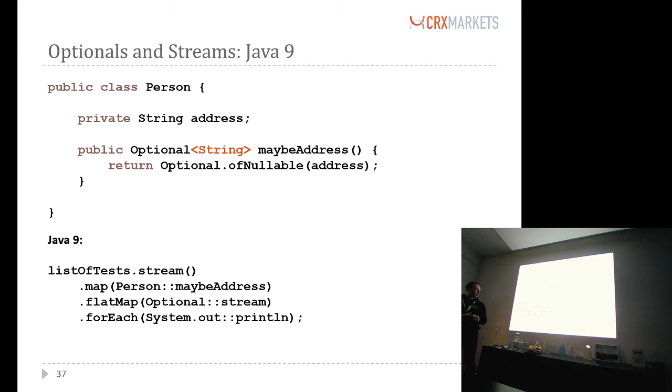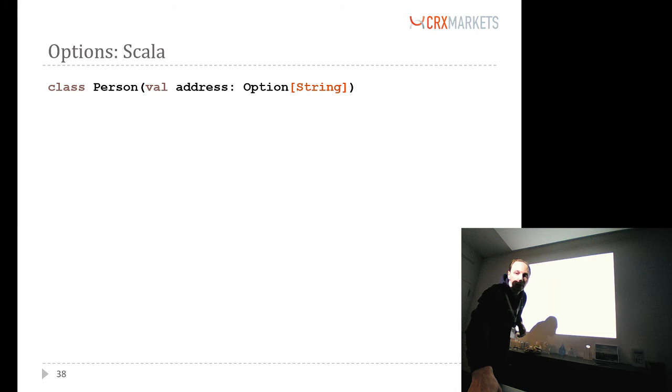So the same is in Scala. In Scala, we also have these optionals, but you can easily use them as fields of classes. So this is a class person with a single field address. This is syntactic sugar to create a class in Scala. So this is a class person with a single field, which is type option.